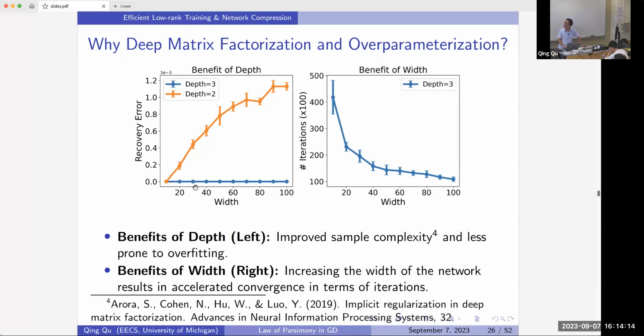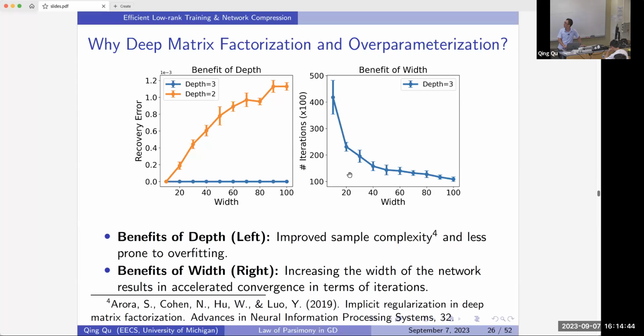In the over-parameterized regime, where the underlying rank of the matrix is unknown, if you compare a 3-layer network versus a 2-layer network and you overestimate the rank, the 2-layer network will overfit when you increase the width of the network. But the deeper, 3-layer network will not overfit.